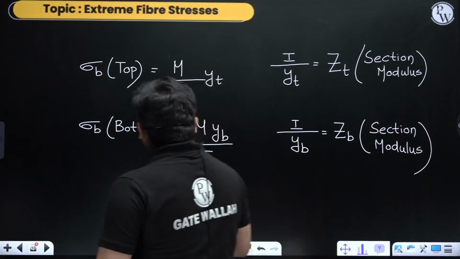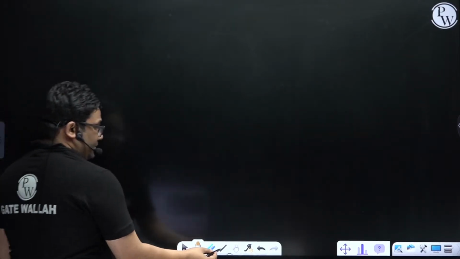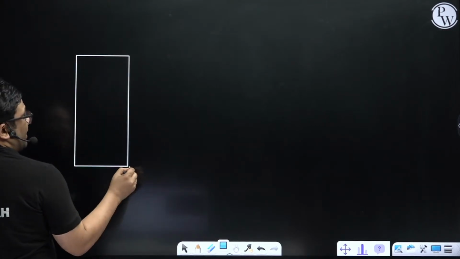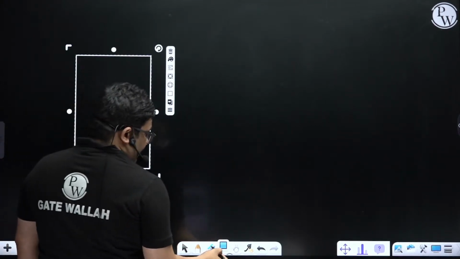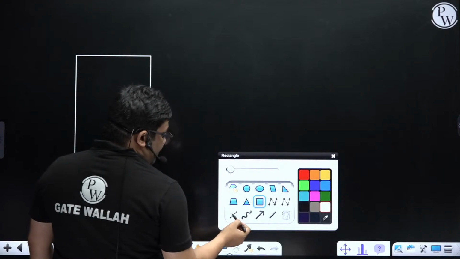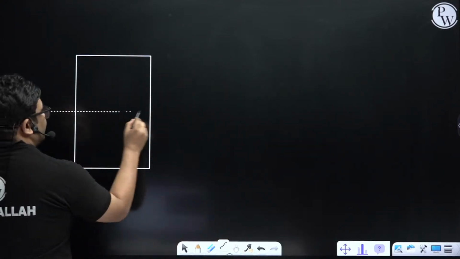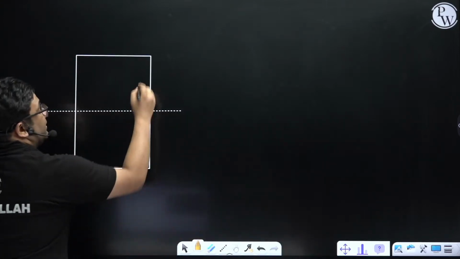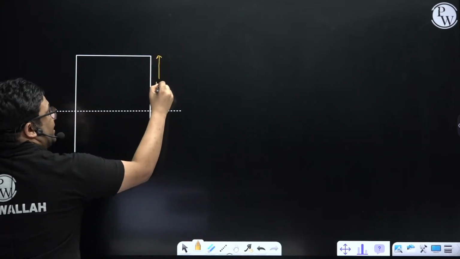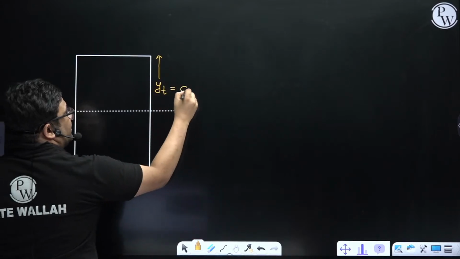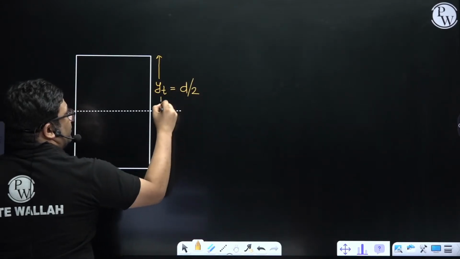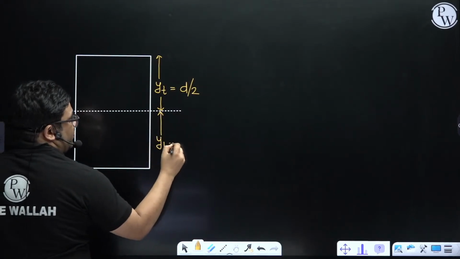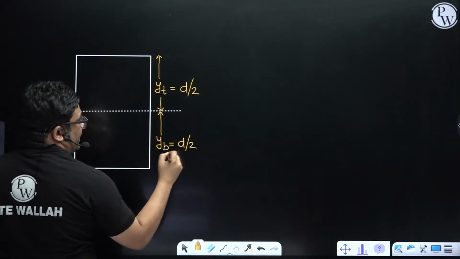Now what happens in the case of a rectangle? Clearly, for a rectangle, y top and y bottom are the same. y top is equal to the total depth divided by 2, and y bottom is also the total depth divided by 2.